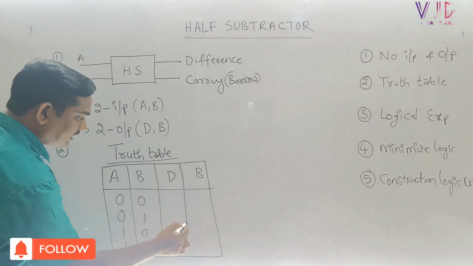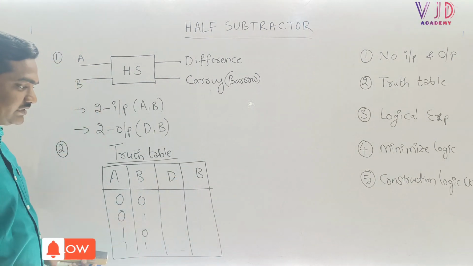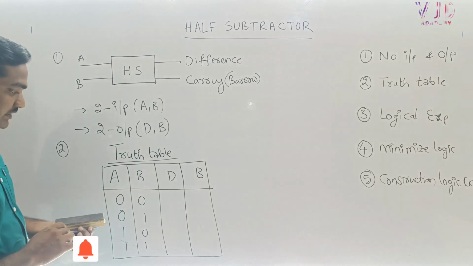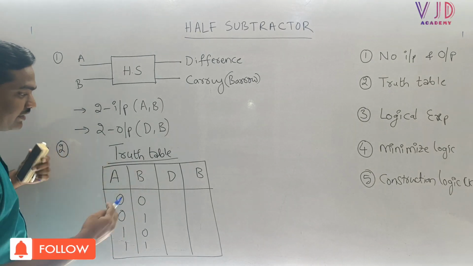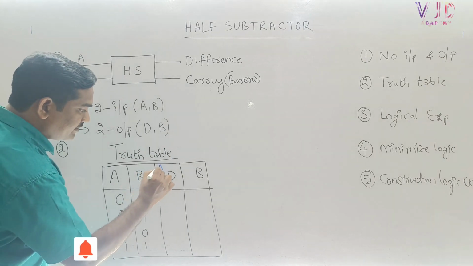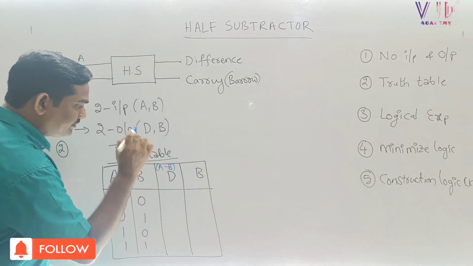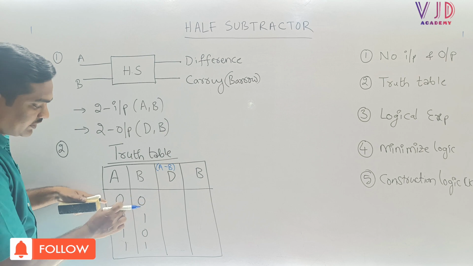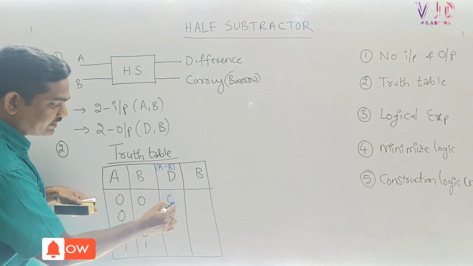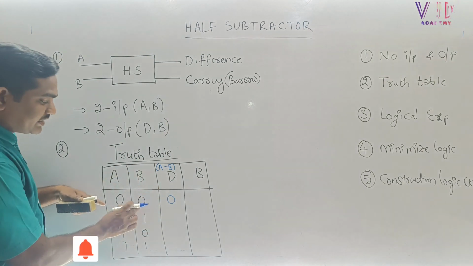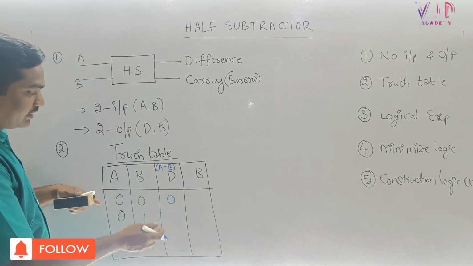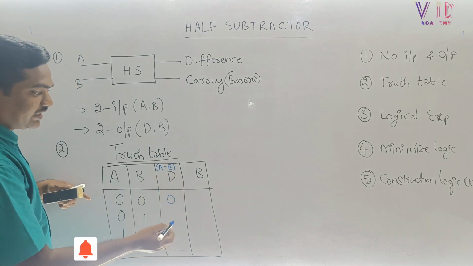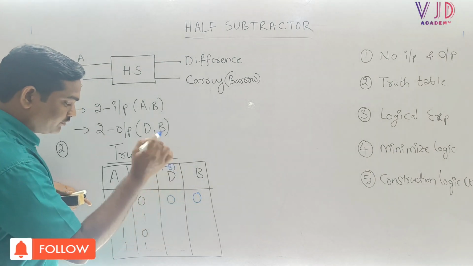Now let us understand how the difference and then borrow will come. When we are making the difference, we are doing A minus B. The first one, 0 minus 0, gives 0, and we are not collecting any borrow, so borrow is also 0.